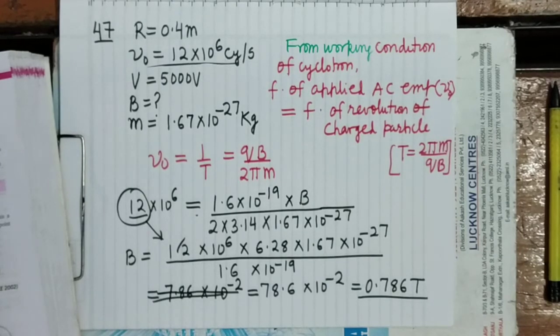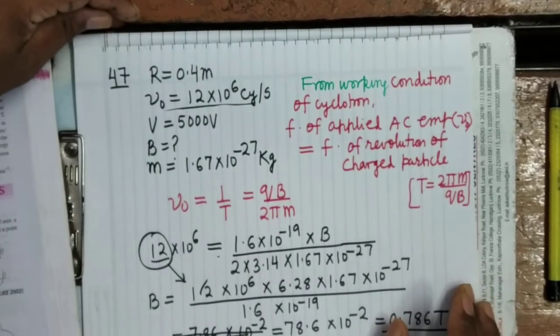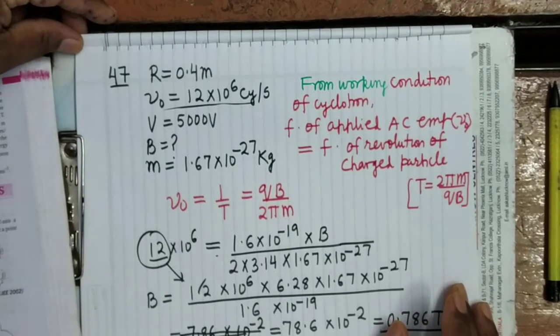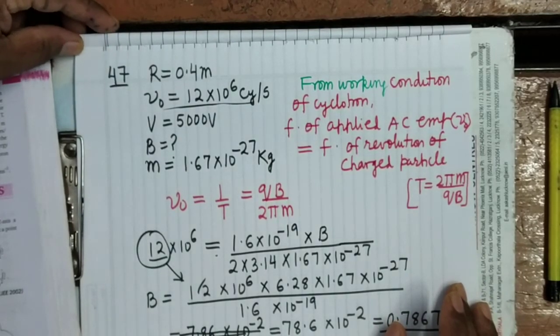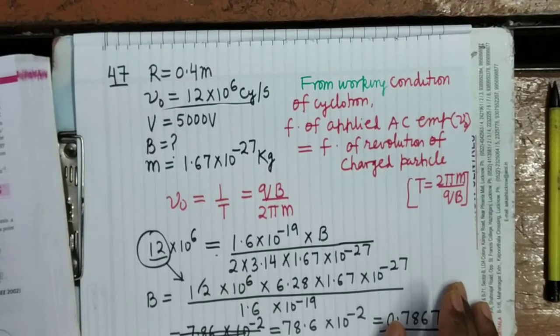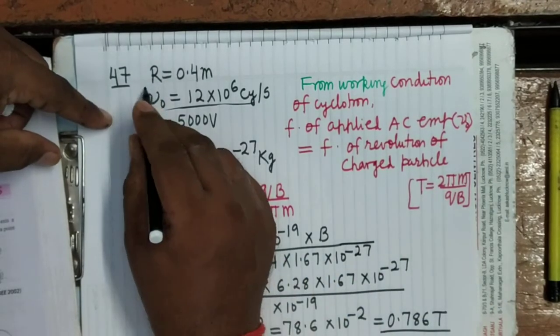Now you have to find the energy and velocity acquired by the proton. It is clear how much energy it will acquire and how much velocity. So see here, what will be the velocity? Velocity will be corresponding to this.